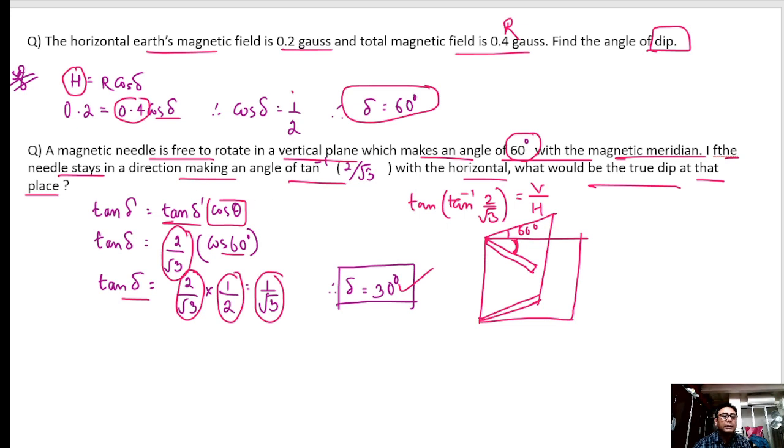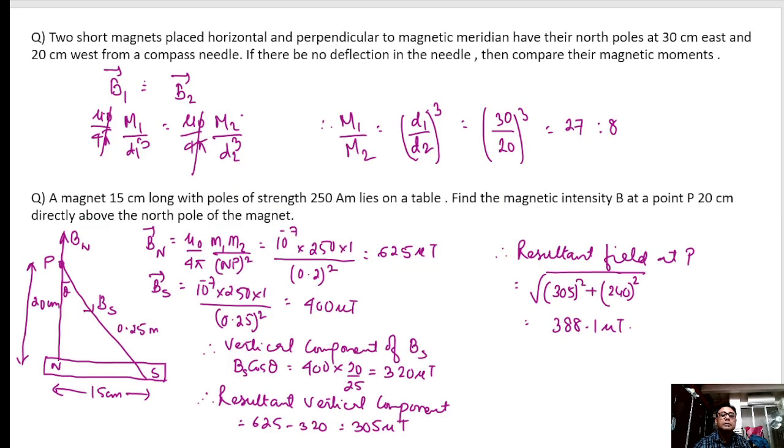So now next sum. Two short magnets placed horizontal and perpendicular to the magnetic meridian have their north poles 30 centimeter east and 20 centimeter west from a compass needle. If there be no deflection in the needle, then compare their magnetic moments.